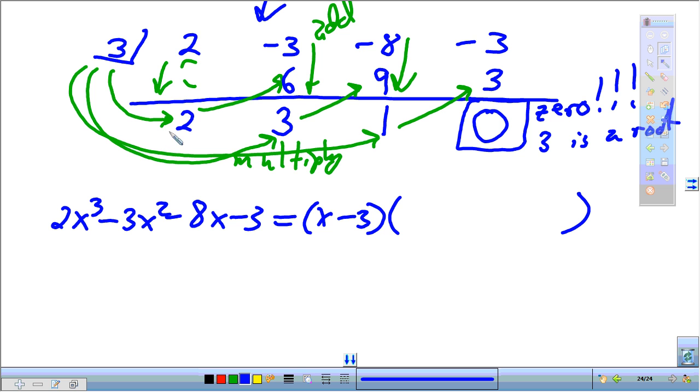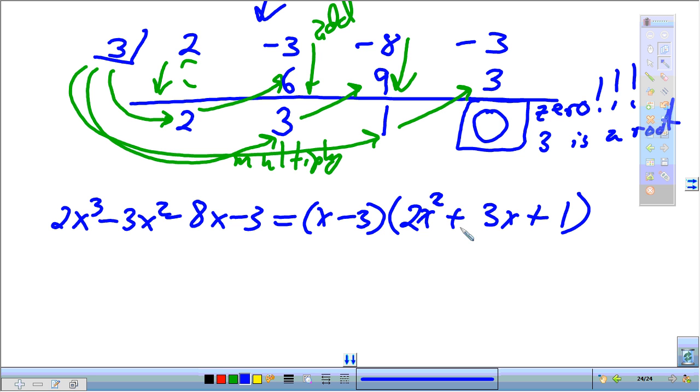The coefficients left here, 2, 3, and 1, are the coefficients of the other factor. So 2x squared plus 3x plus 1. So doing it this way, I get a quick way of checking, do I get 0 when I substitute it in, but also it gives me coefficients of the factored parts.